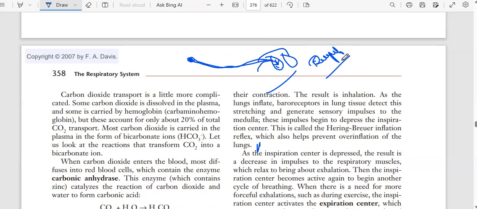That's the reason these receptors give inhibitory reflexes to the medulla. Then the expiration center will activate and the lungs will relax. So this is the process.